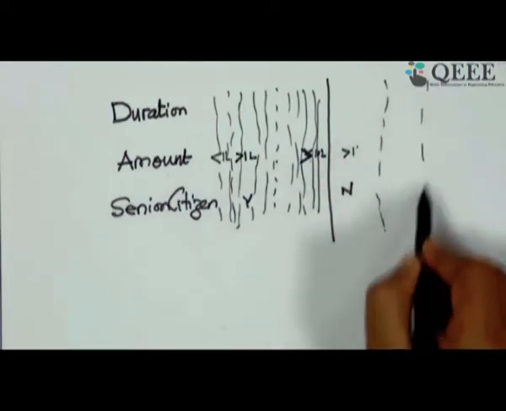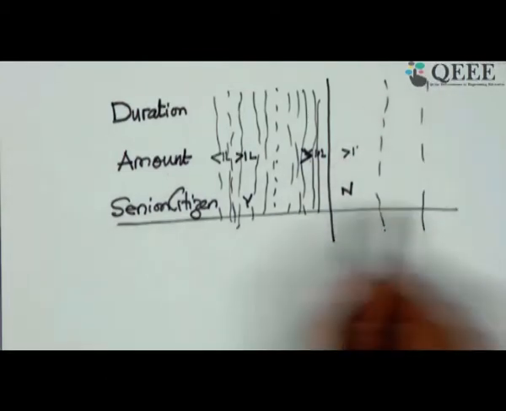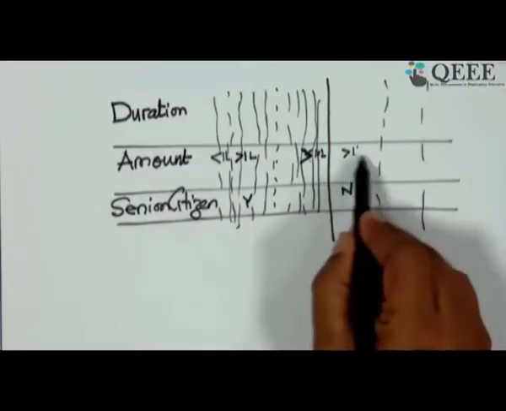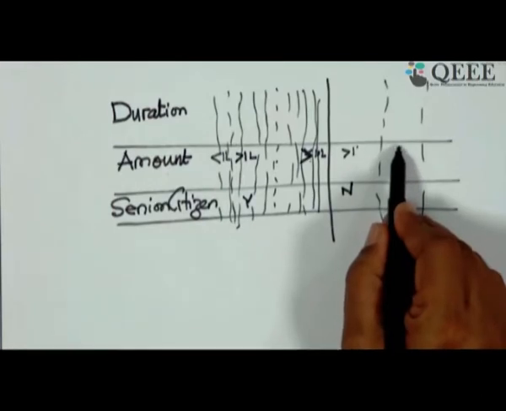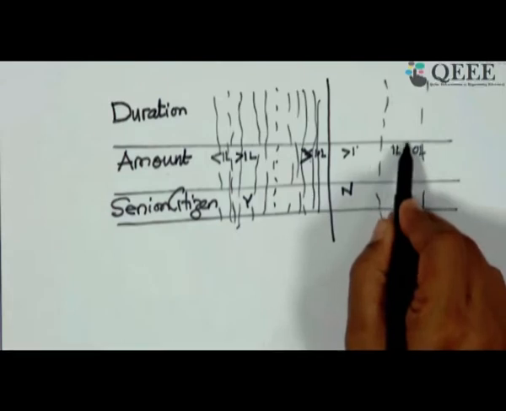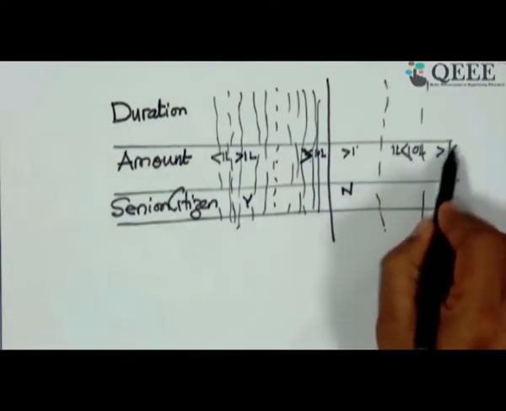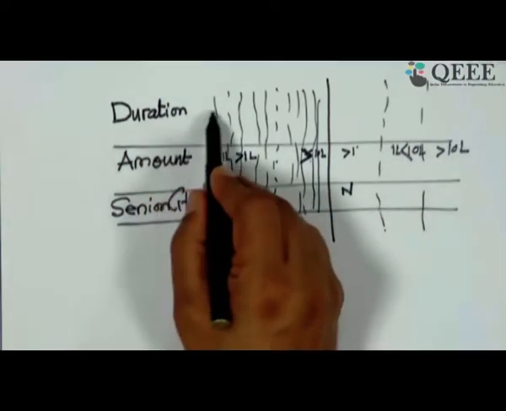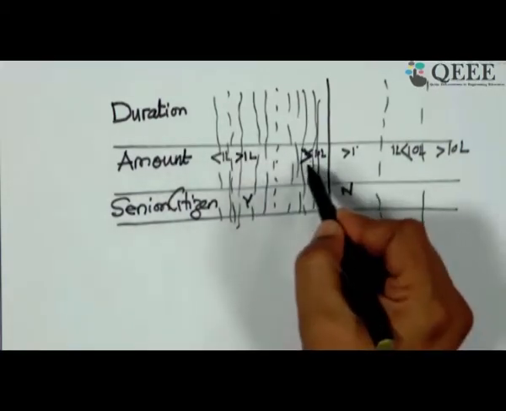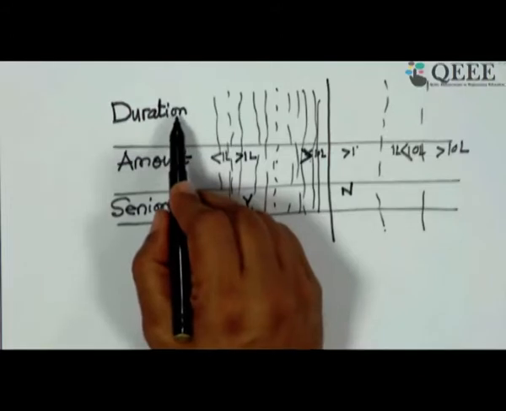Similarly here also, for senior citizen no, we will have all these three combinations of conditions: less than 1 lakh, between 1 lakh and 10 lakh, and greater than 10 lakh. Now for each of these, we will have all possible durations.